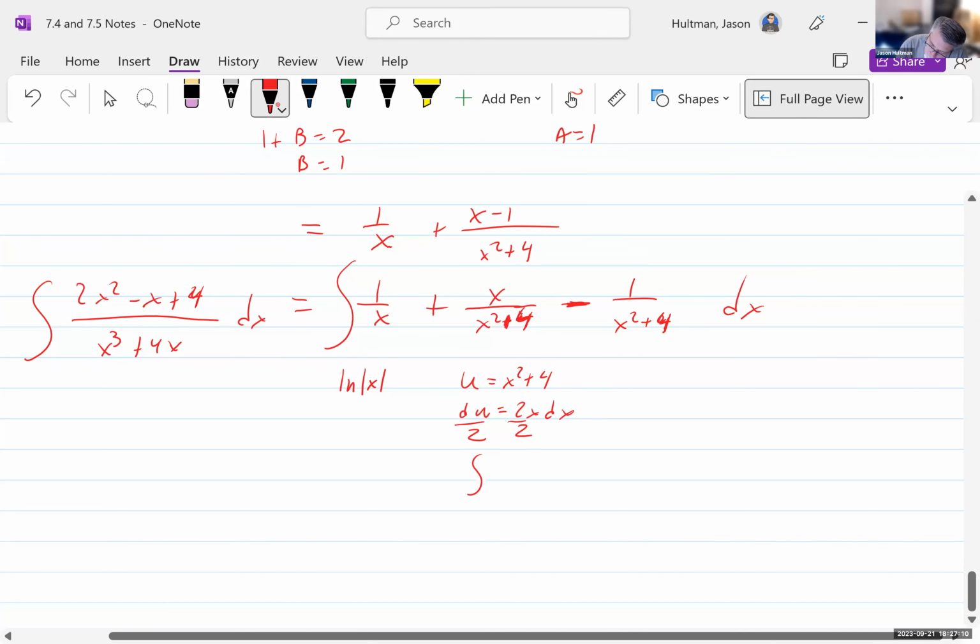That x goes with my du over 2. And so it's just 1 over u du over 2, which is going to integrate to 1/2 natural log of u. But what was u? u was x squared plus 4.